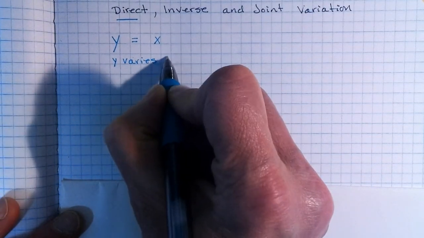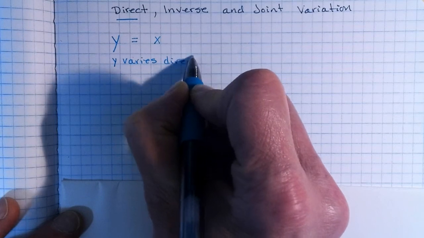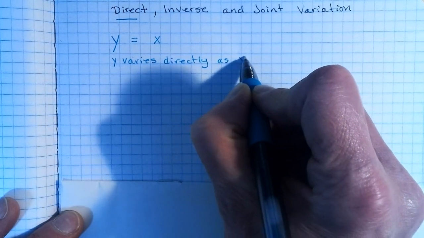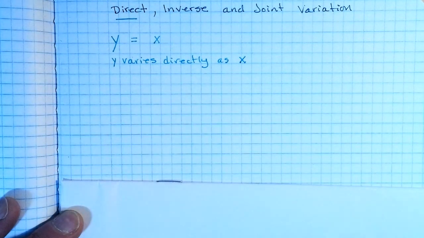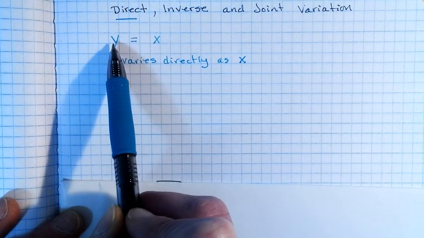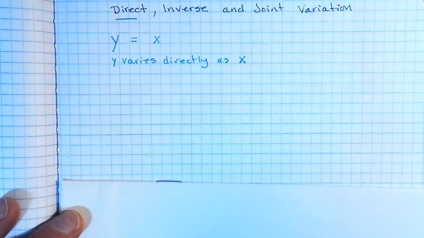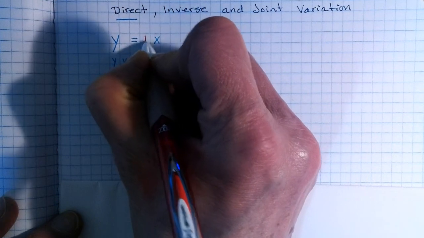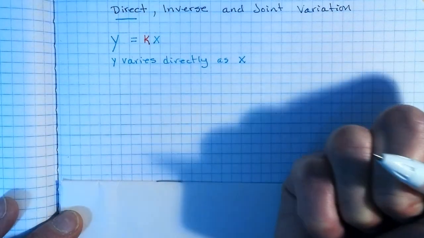You can see that y and x are both in the numerator. They're on the same line. The only thing missing here would be our constant of variation, k.